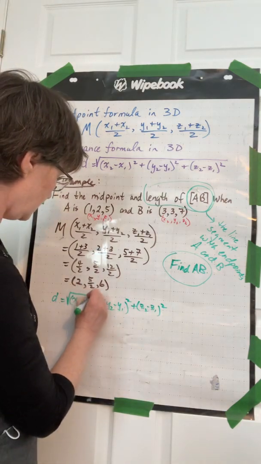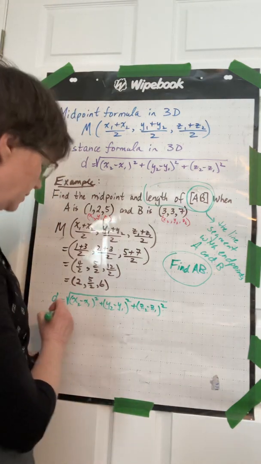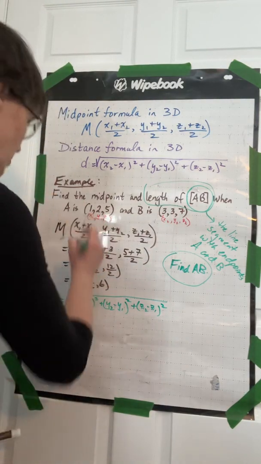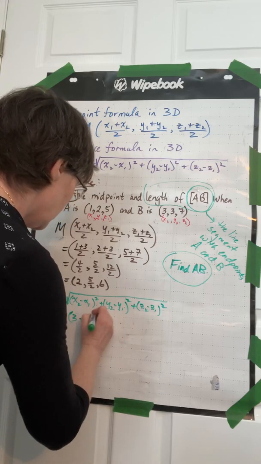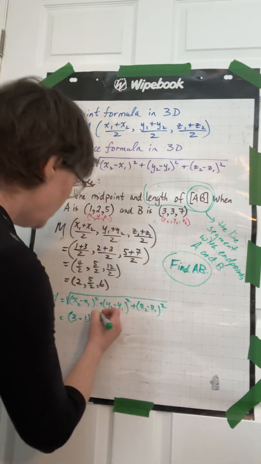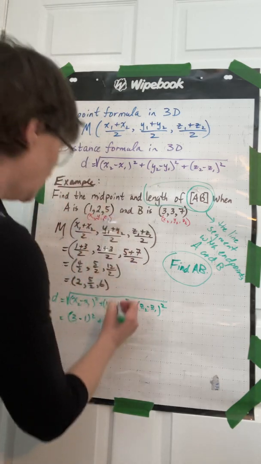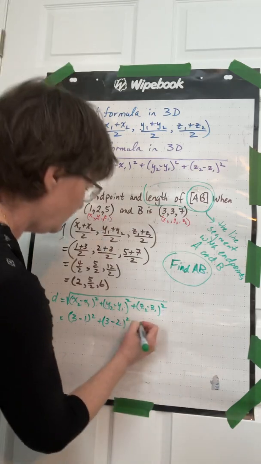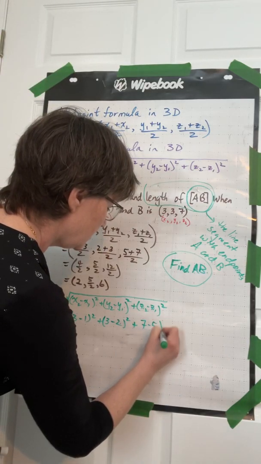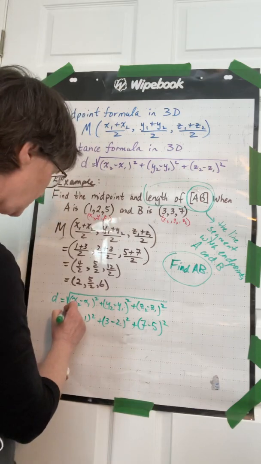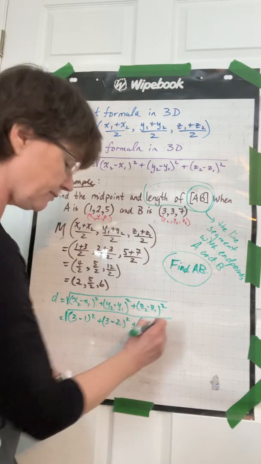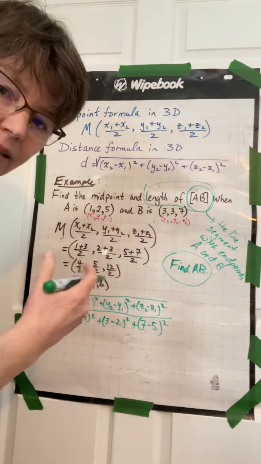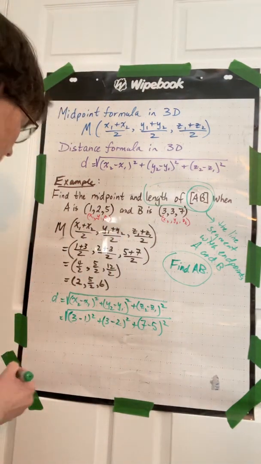Let's fill in what we know. x2, 3, subtract x1, which is 1, all squared. y2, 3 minus 2 all squared. And z2 minus z1 all squared. Now, if some of these numbers are negative, make sure you're showing good substitution so that you don't have pluses and negatives next to each other. You would use a bracket to do that.